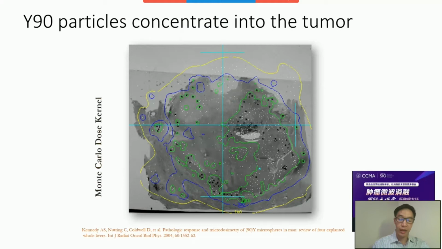Other clinical studies in humans demonstrating the particle distribution within the tumors have been well established as the basis of treatment. So in this example by Andy Kennedy in 2004, a patient that has been treated with SIRT has had their tumors removed, and what you can see are the little black dots here, which represent individual radioactive particles implanting directly into the tumor.